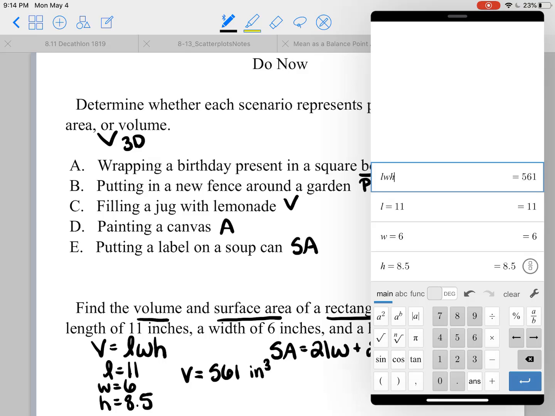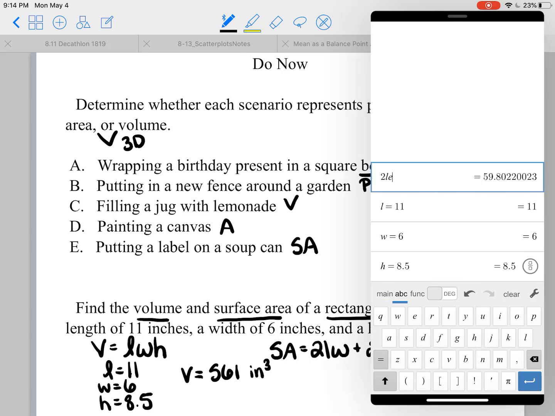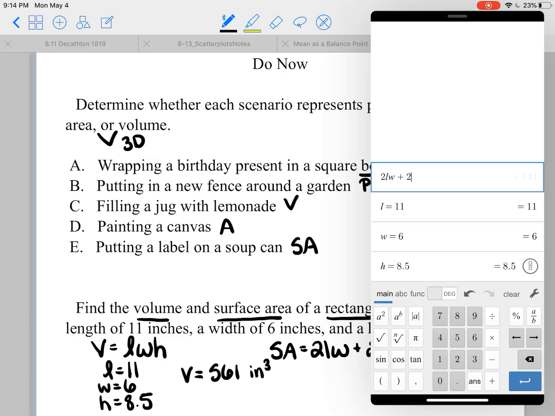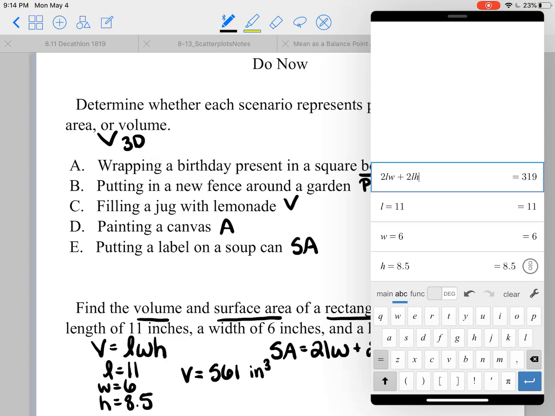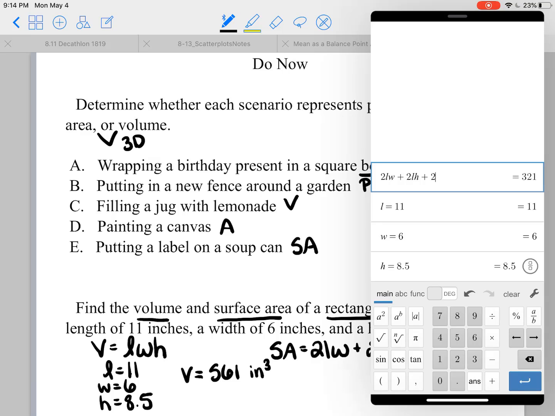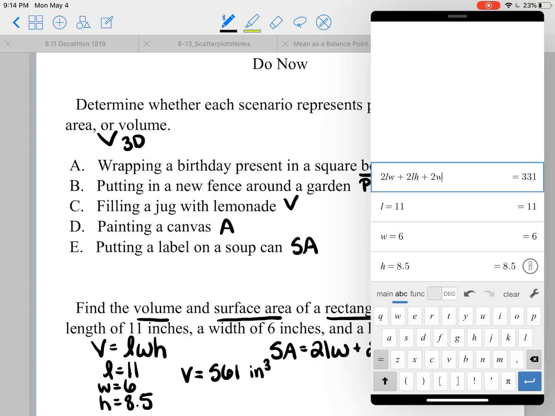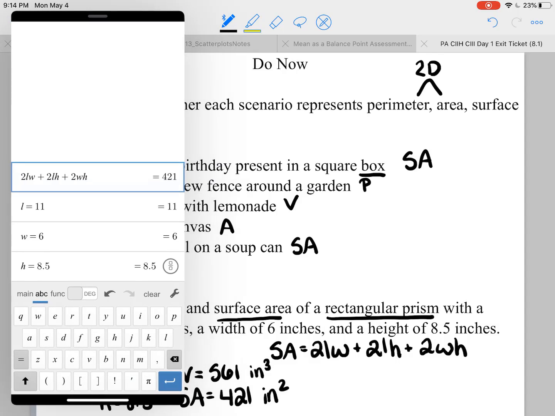We're going to find surface area, but we only need to change the expression at the top. So 2LW plus 2LH plus 2WH. And of course, we already have what L equals, W equals, and H equals. So we end up with a surface area of 421 inches squared.